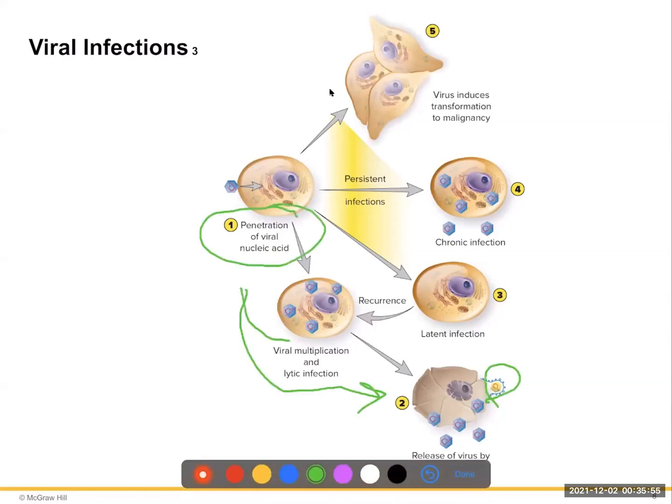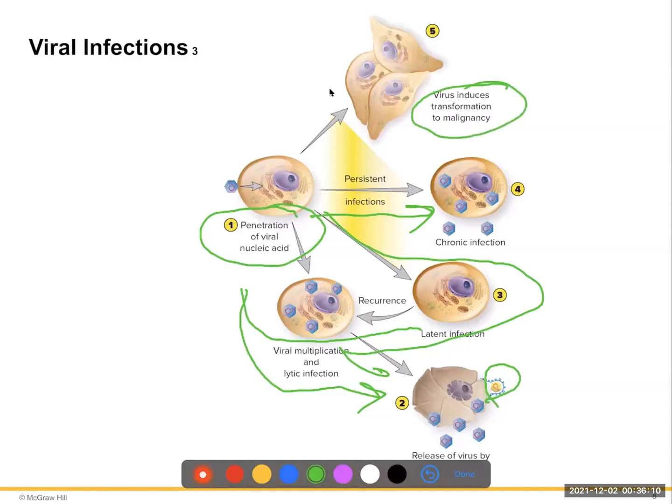Once it starts to multiply, it can become a latent infection. It comes here, is latent, and then goes back in, and then recurrence. Or a chronic infection, which just persists at a lower state. Or the virus can induce transformation of other cells to form a malignant tumor. Those are the different ways viral infections act.